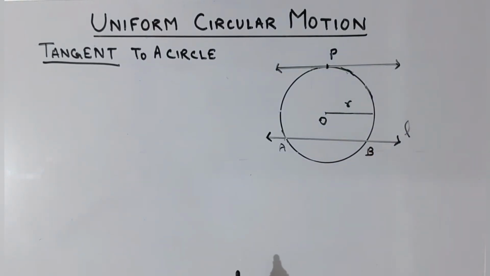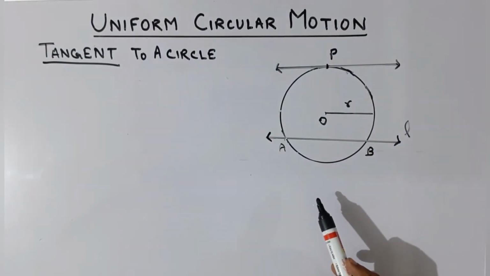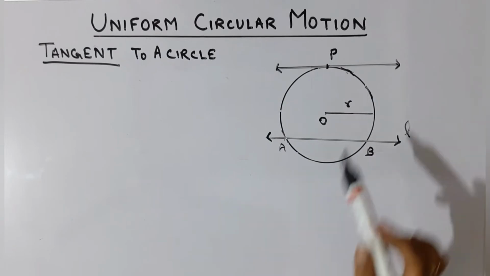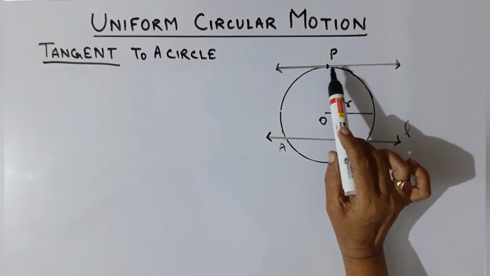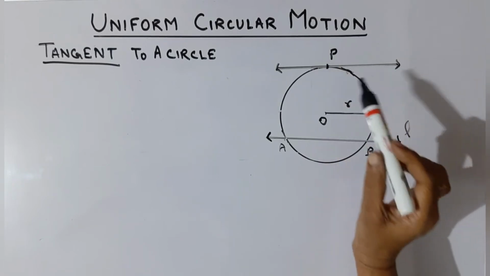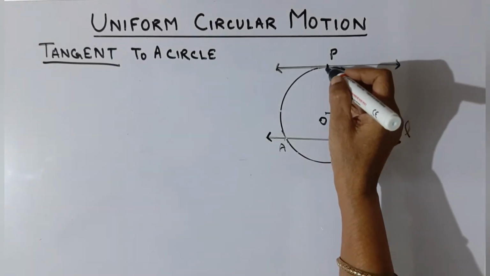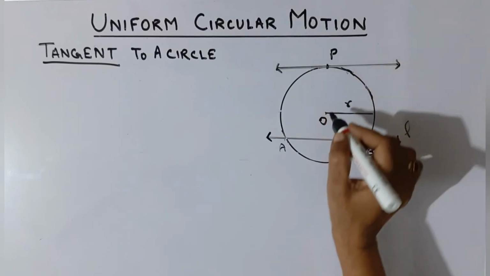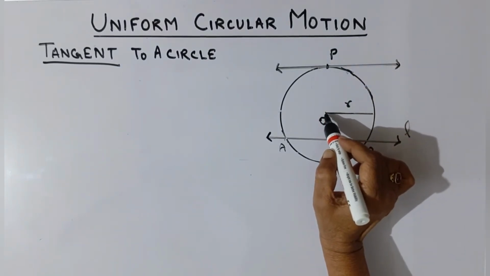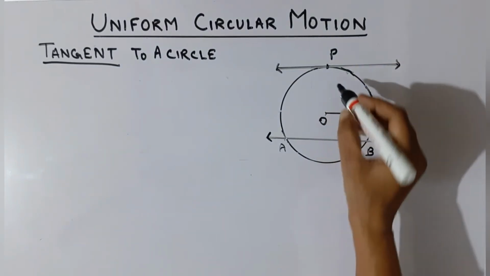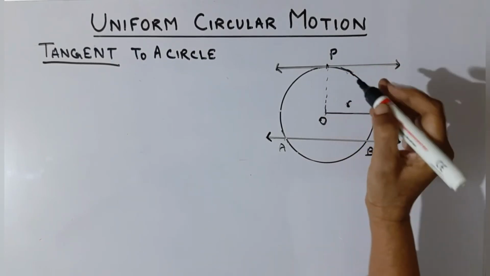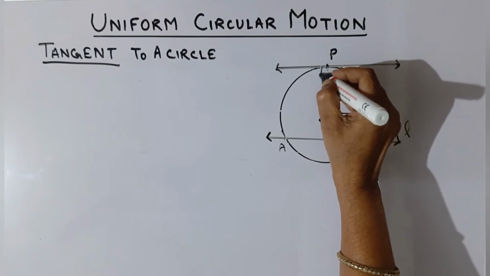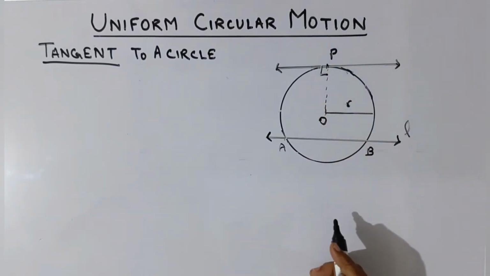Now let us see what are the properties of a tangent. First of all, the tangent is a line which intersects the circle at only one point. If we draw a line from the point P to join the center of the circle, this OP will form a radius, and this radius is perpendicular to the tangent.